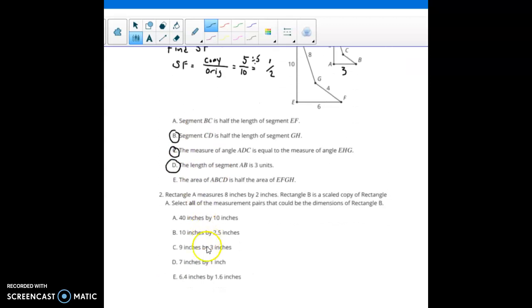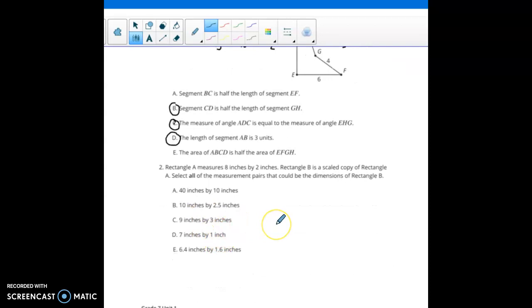As we continue down into question 2, rectangle A measures 8 inches by 2 inches. Rectangle B is a scale copy of rectangle A. Select all the measurement pairs that could be the dimensions of rectangle B. My first recommendation here is to draw a picture.